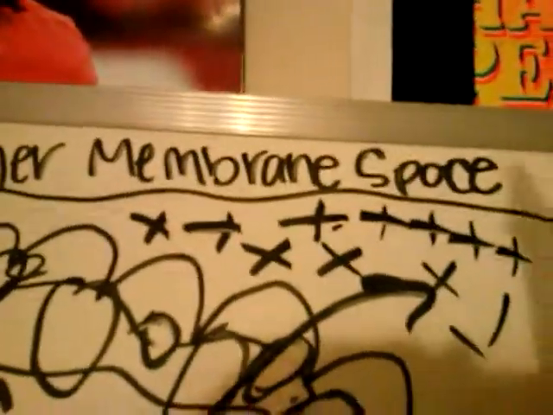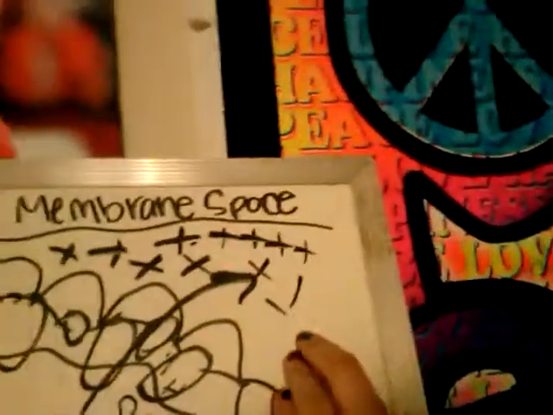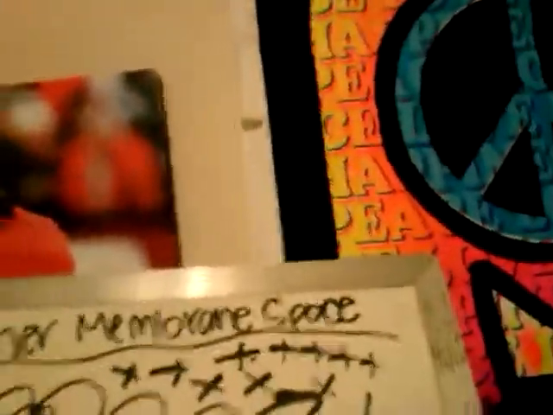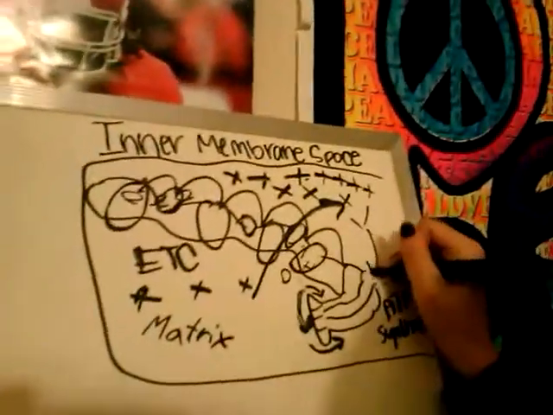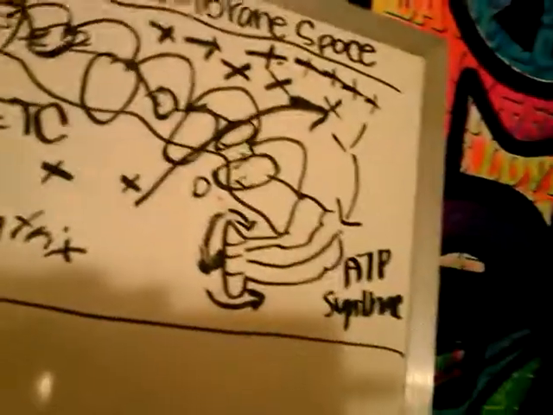There are more protons in the inner membrane space than in the matrix, like she said a billion times, just in case you don't quite understand that yet. Because of this, these little protons are going to come and join on this ATP synthase.